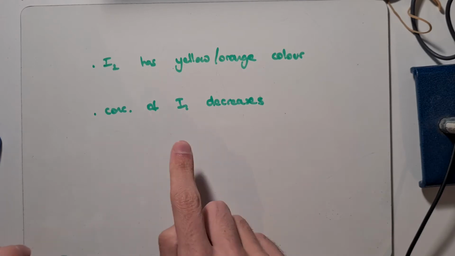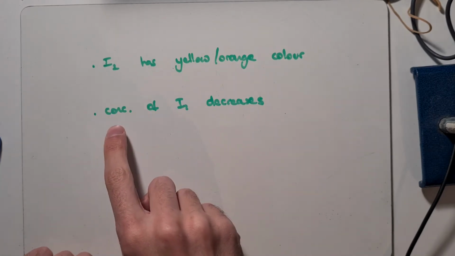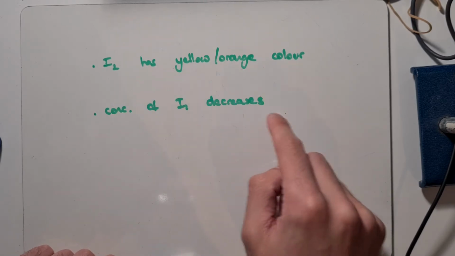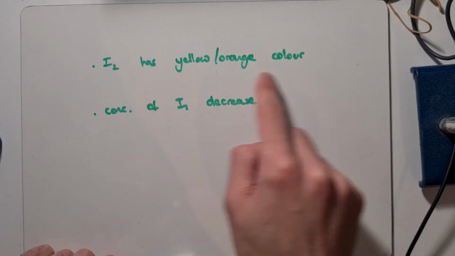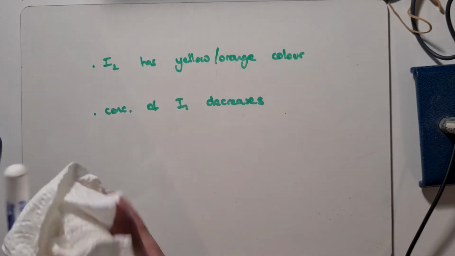So the reason absorption falls is that as the concentration of I2 decreases, this yellow and orange colour disappears, and therefore the absorption drops down. And you needed both of those for the mark.